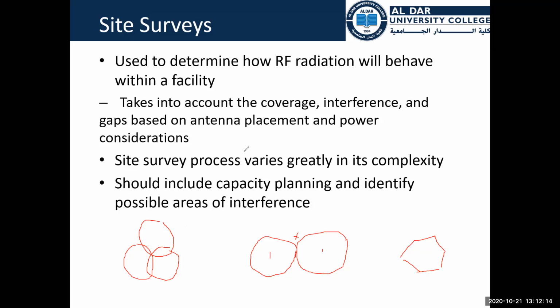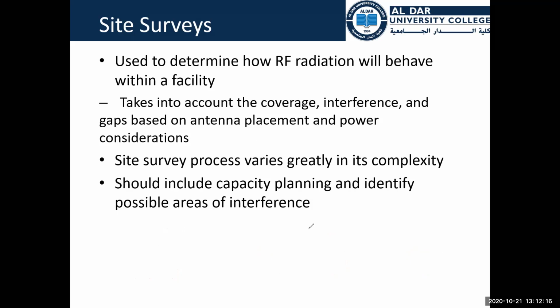So the site survey is helping us to find the locations of the access points and to define the interference between different signals. The site survey process varies greatly in its complexity.